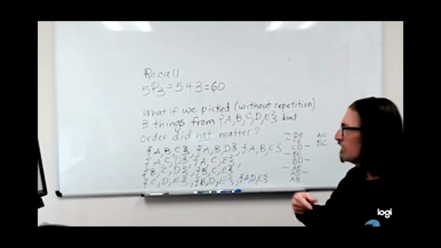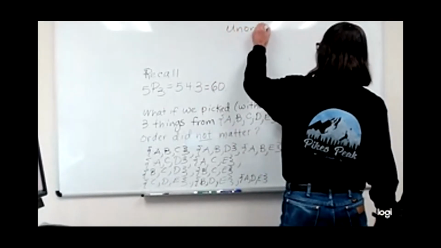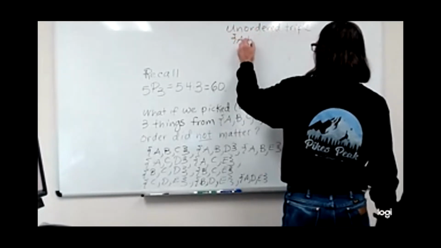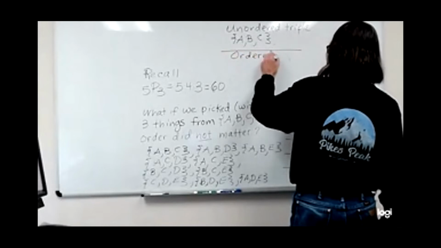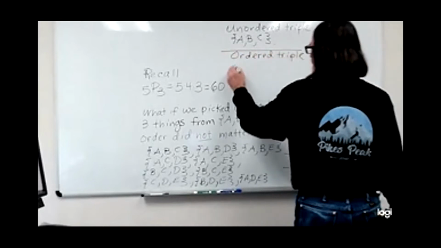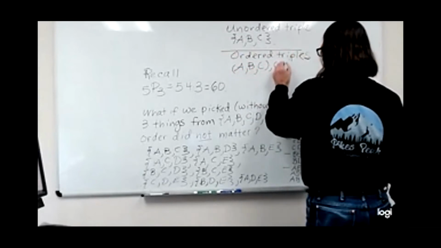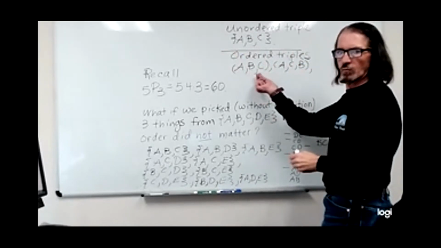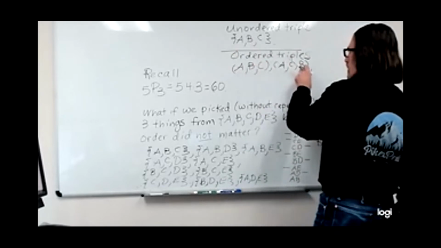Furthermore, I'm not going to write all of these, but if I were to take that unordered triple ABC and put them into order, we're going to get 6 ways that one can be put in order. Start off with A, and then reverse whether B or C follows.